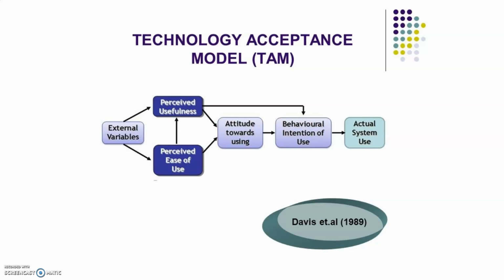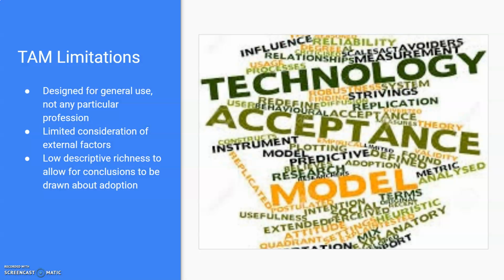So with the technology acceptance model, the perceived usefulness and the perceived ease of use are affected by external values, and then it affects the attitude towards using, which affects the behavioral intention to use, which results eventually in the actual system use.